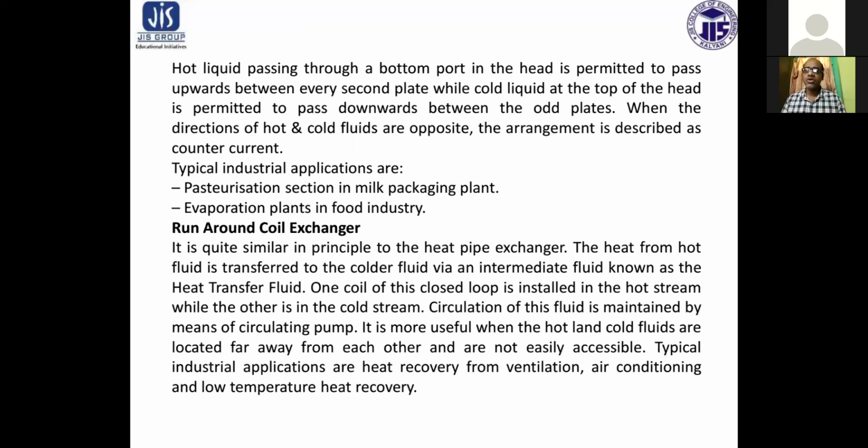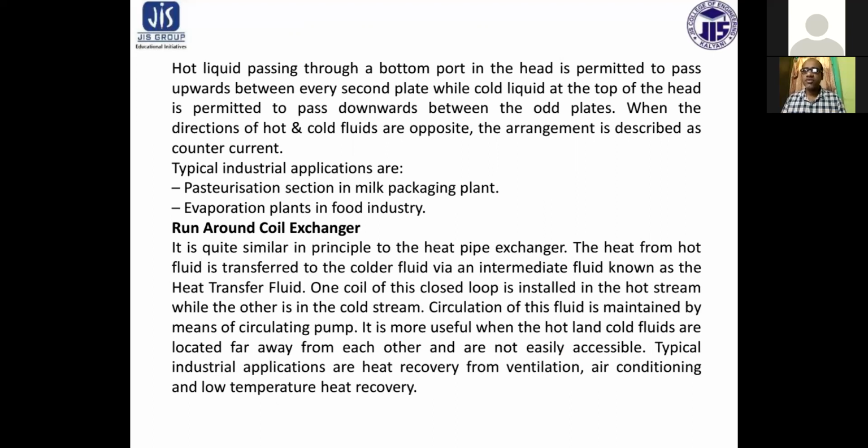Run around coil exchanger is another type of device. It is quite similar in principle to the heat pipe exchanger.